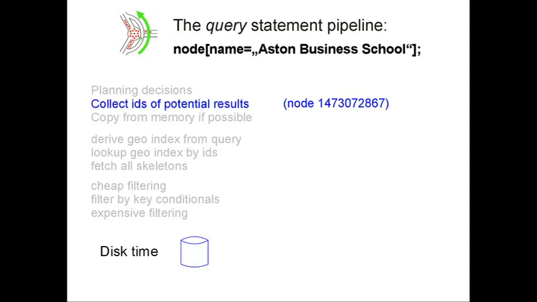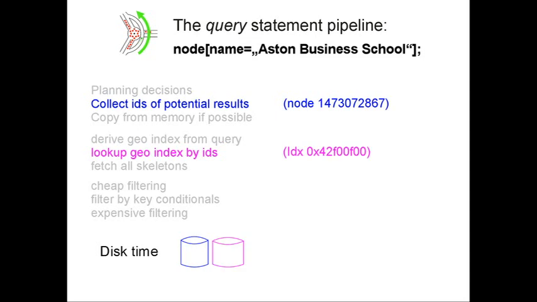The first thing to do is to look up which nodes have the given name. We find one result. To retrieve the full node skeleton object from the database, we first need to look up its index to have a chance to find it at all.